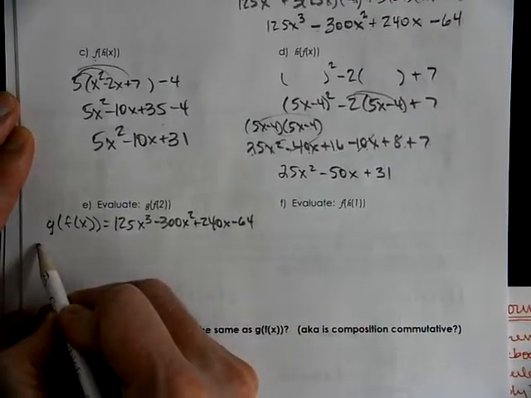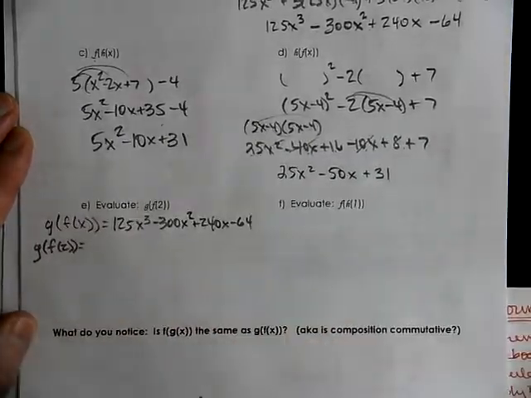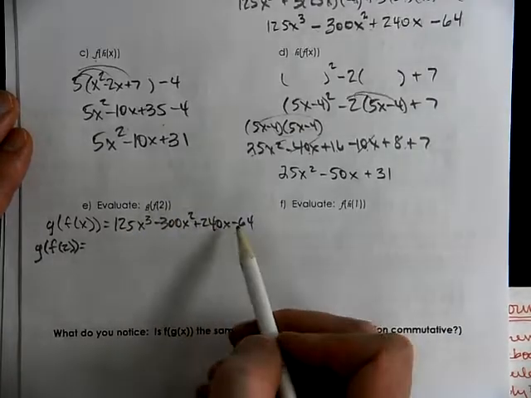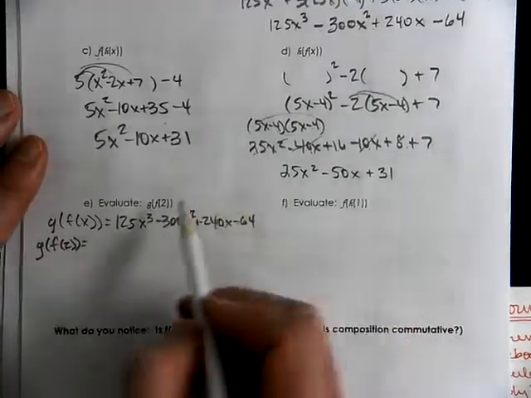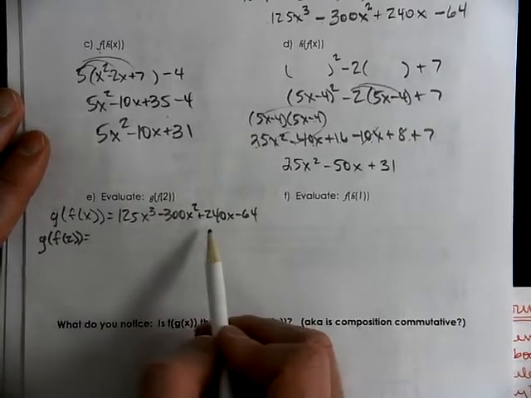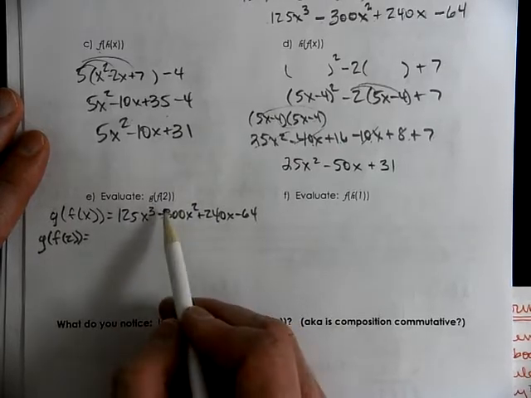If we want to figure out what g of f of 2 is, one way we could do it would be to plug a 2 in for all the x's. Now, if you remember back, we learned another method. That's called direct substitution. We learned a method called synthetic substitution.